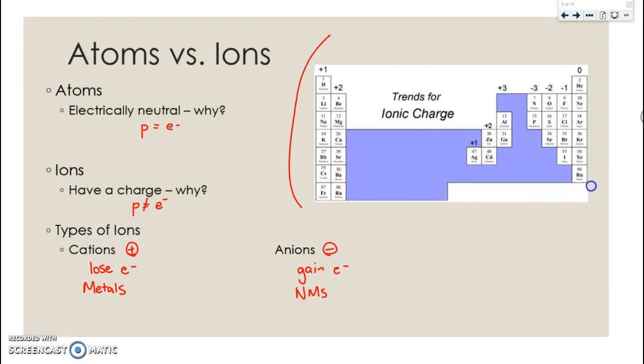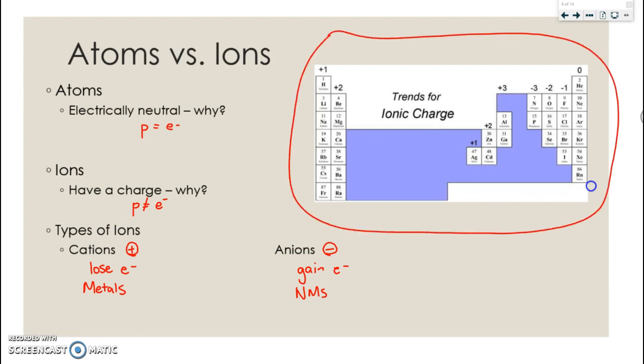You'll see here that I have provided a periodic table that has some charges across the top. These are common charges for things that form ionic compounds. Group 1A has a +1 charge. Group 2A has a +2 charge. Group 3A is +3. We usually don't label Group 4A, but you can.